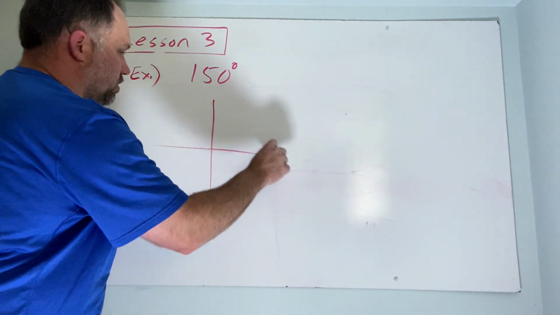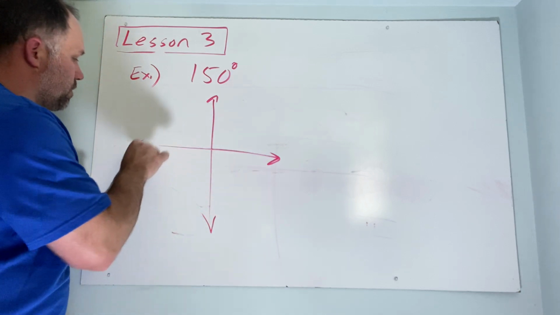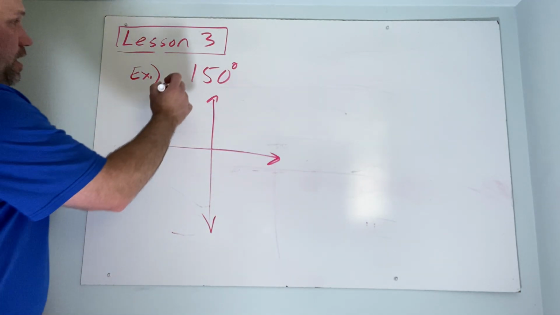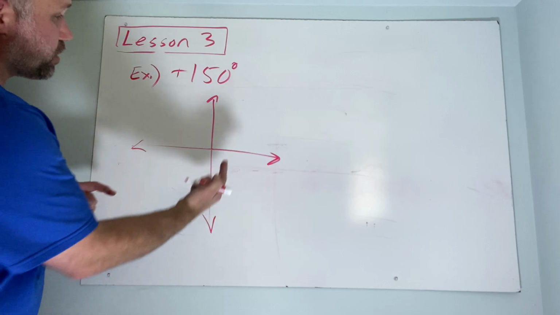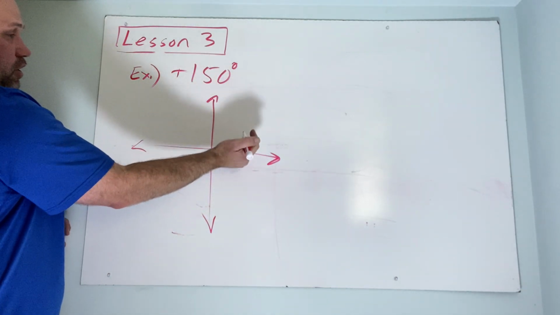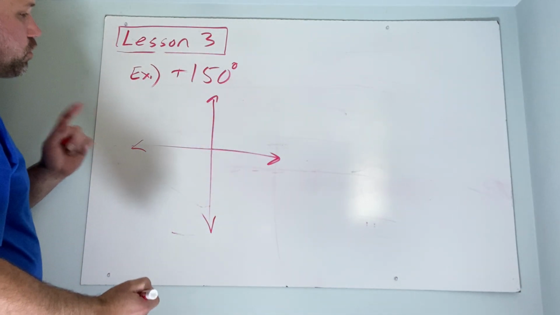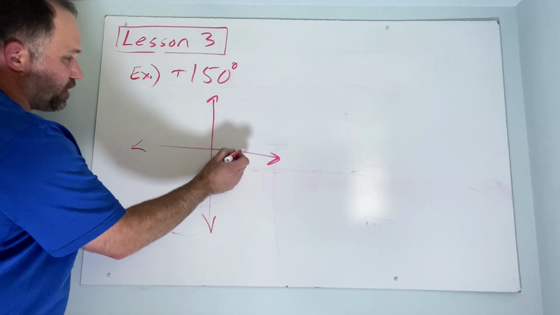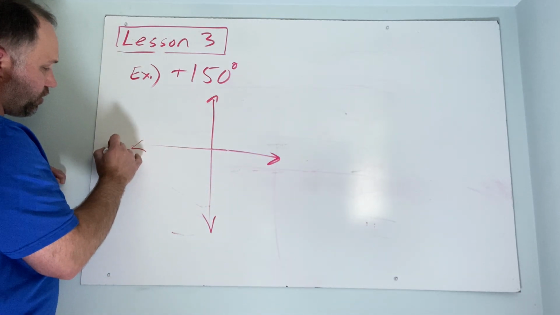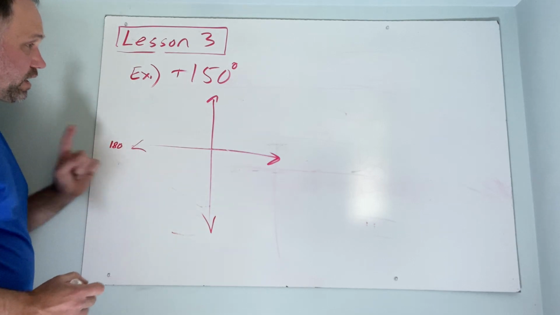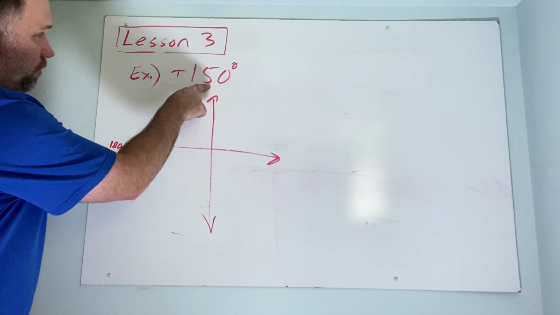So we sketch our X and Y axis. We know that it's a positive 150, so we're going to open in this direction. We're going to go counterclockwise. We know that one complete trip to right here is 180 degrees. We're not going to quite go that far. We're only going to 150.